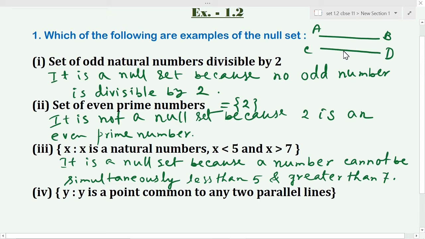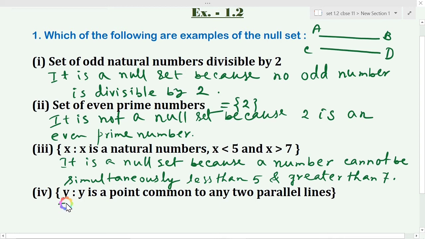So there is no common point. So this set contains no points or no elements. So this is a null set.